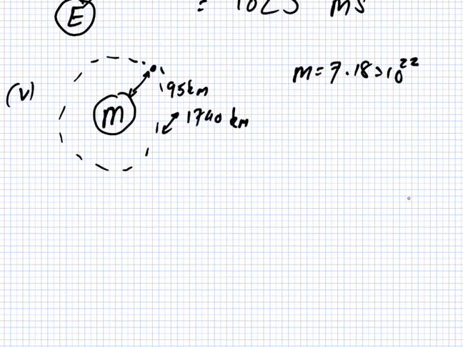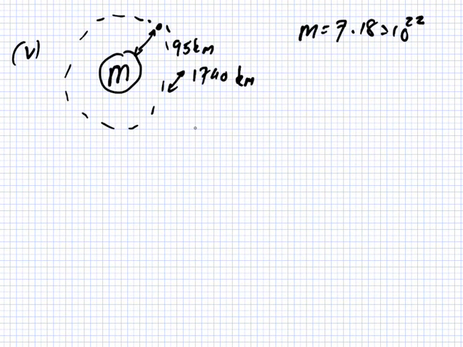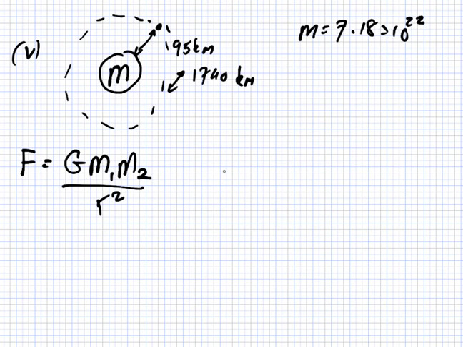Okay. I know that for gravity, it's this formula. This is the mass of the moon, and we'll say M2 is the mass of the spaceship. Do you know the mass? We don't, but that's okay. And then we have F equals ma for the spaceship.